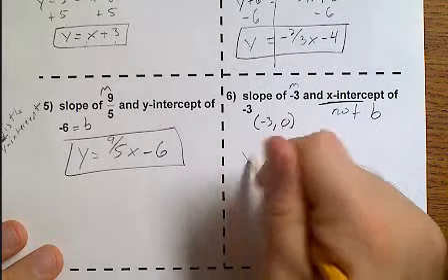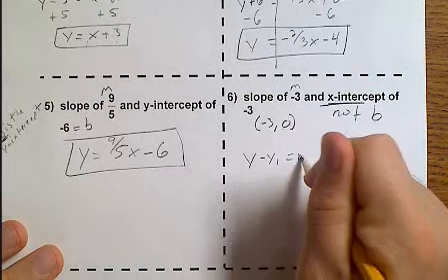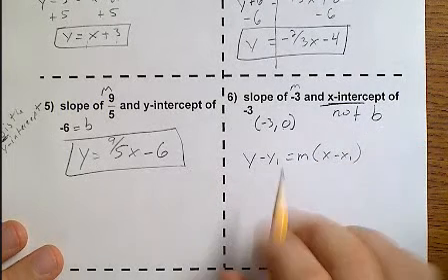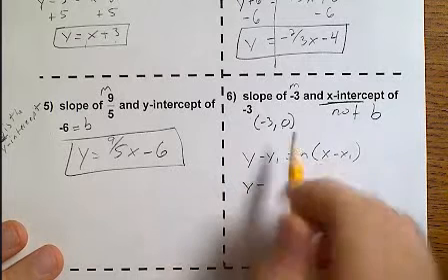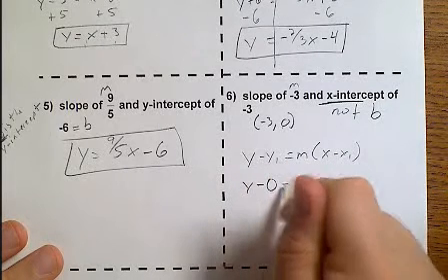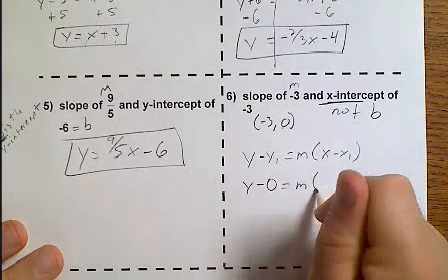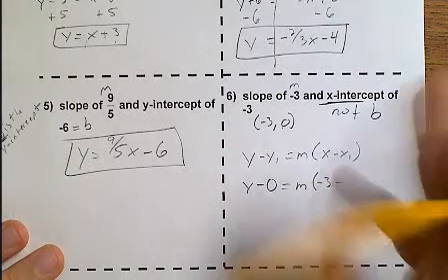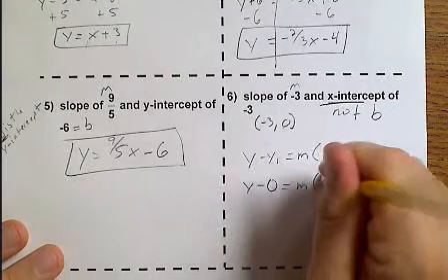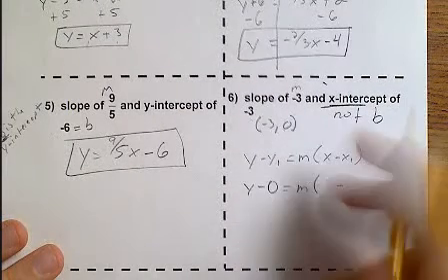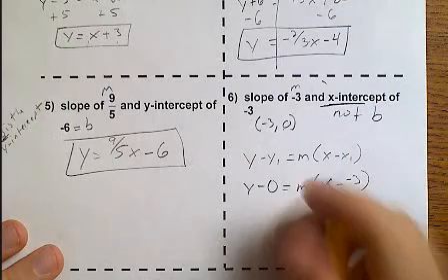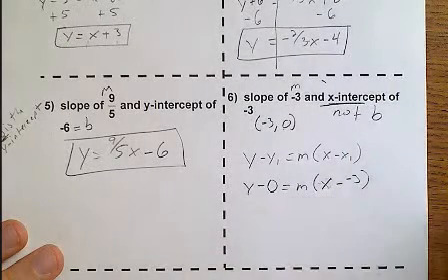So y minus y1 equals m times x minus x1. So y minus 0 equals m times x minus negative 3. Almost made a mistake there.